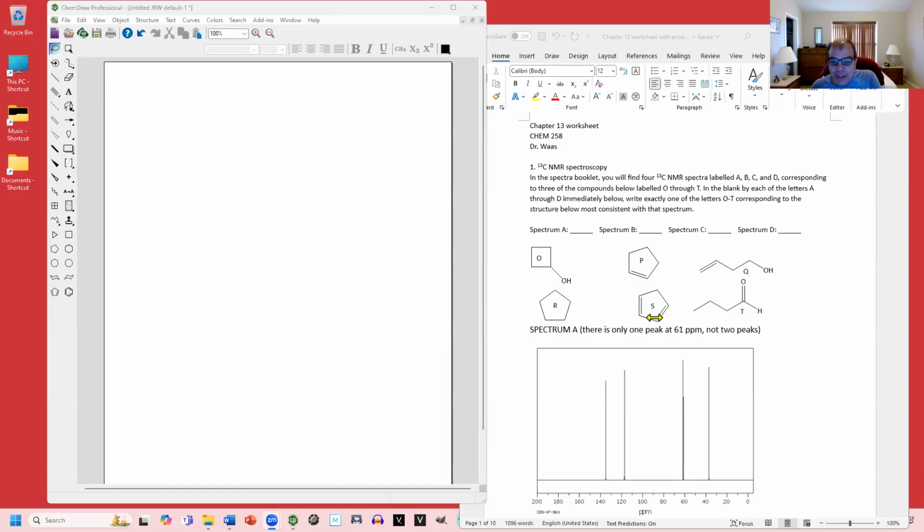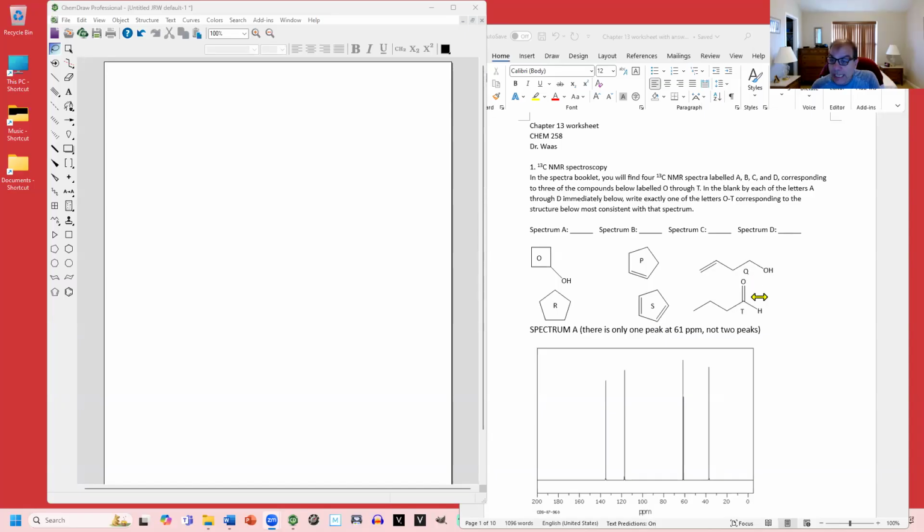In compound S, these 2 carbons are the same. Also, those 2 carbons are the same. That's a 2nd type. So there's 2 different types of vinylic carbon. We'd expect there to be 2 different peaks in the vinylic range for this compound. And then that CH2 is unique. So there's 3 types of carbon in compound S as well. So it can't be O, P, R, or S.